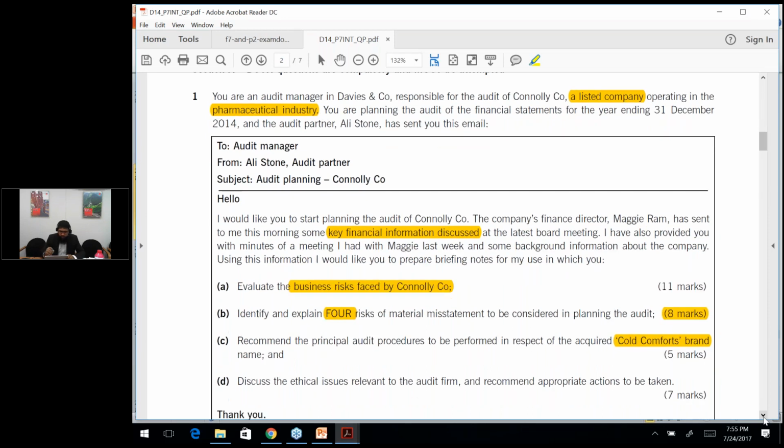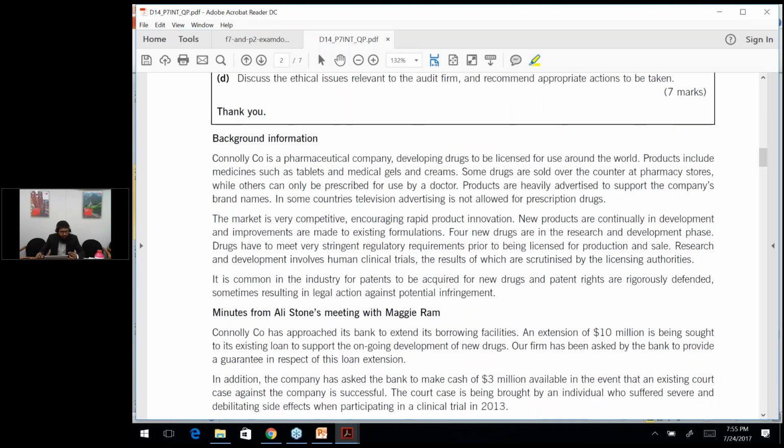Connolly Company is a pharmaceutical company developing drugs to be licensed for use around the world, and the products include medicines such as tablets and medical gels and creams. Some drugs are sold over the counter at pharmacy stores, while others can only be prescribed by a doctor. Products are heavily advertised to support the company's brand names. In some countries, television advertising is not allowed for prescription drugs.